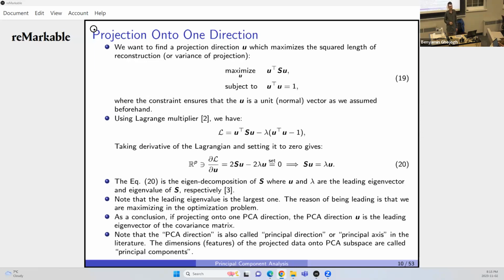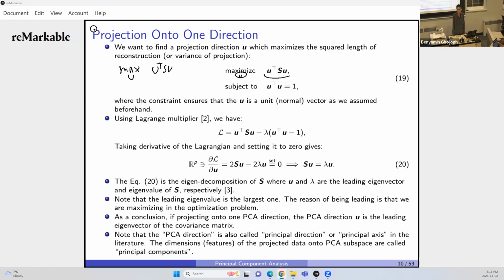Did you get it? What was the covariance or variance after projection? It was U transpose SU, right? So let's maximize it with respect to U. Agreed? Now you tell me, if I only say maximize U transpose SU with respect to U, what will be the solution?